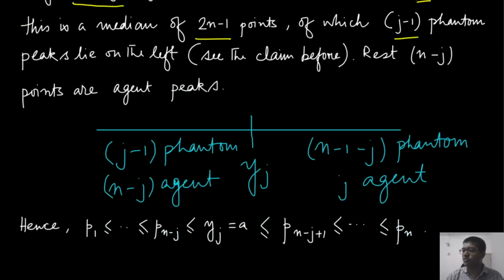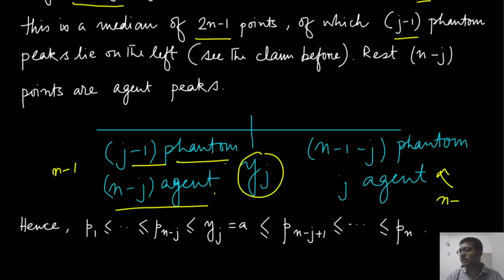So if yj is living here, there should be j minus 1 phantom peaks on the left of it, and there should be n minus j agent peaks, because together these phantom and agent peaks should be equal to n minus 1. And similarly here also there should exist n minus 1 points, and therefore because there are j minus 1 on the left and this is also a phantom peak, there are n minus 1 minus j phantom peaks on the right hand side, and there are j agent peaks. So this should be the picture of how it looks.